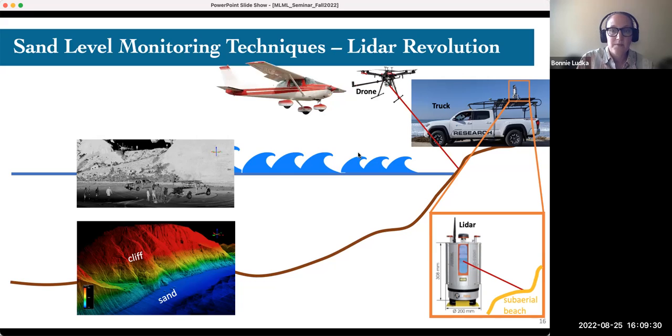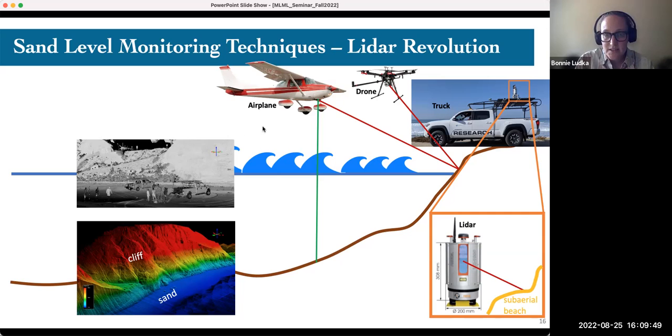I sometimes will use LiDAR data from airplanes as well, which sometimes measure the subaerial beach, but these airplanes can also be equipped with a green laser that can penetrate the water column and measure bathymetry.